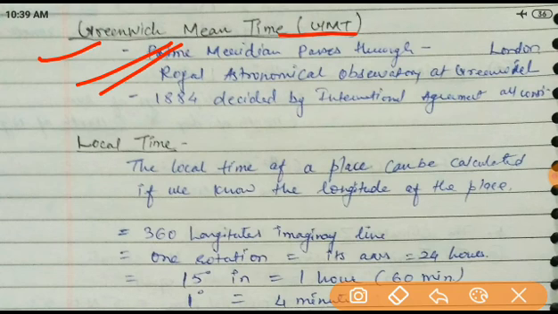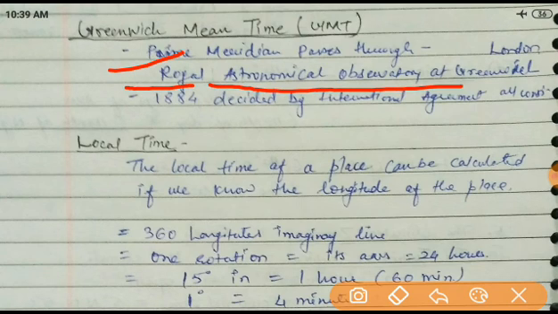First of all, you have to understand that this prime meridian passes through the Royal Astronomical Observatory at Greenwich, London. Greenwich is the name of a place in London. Last time I already explained why.